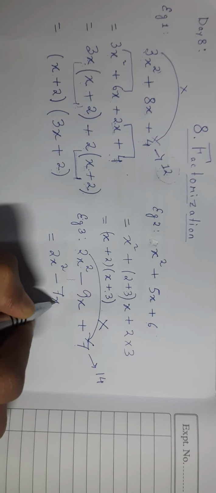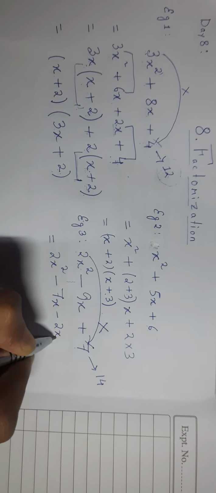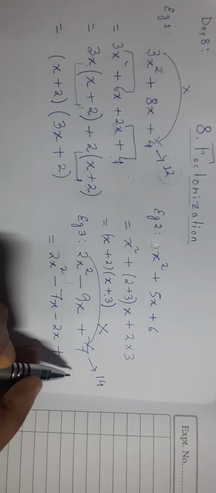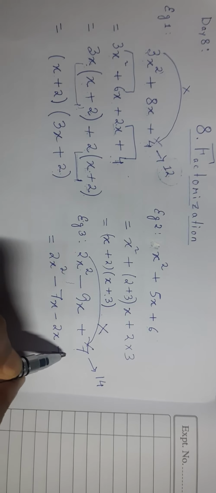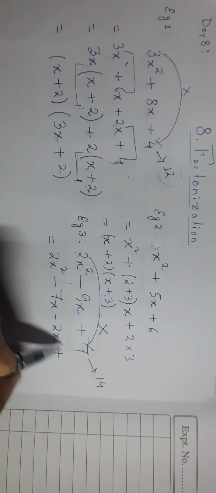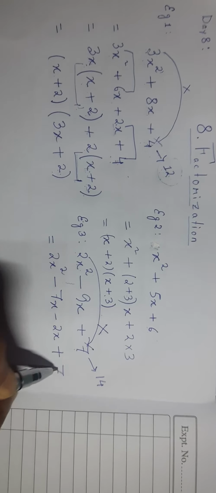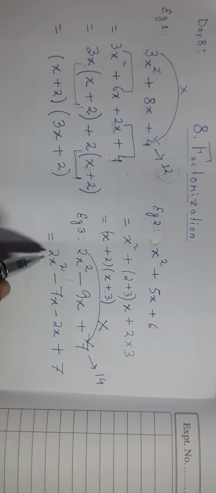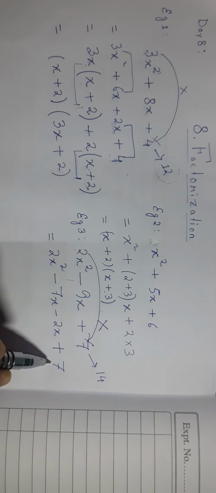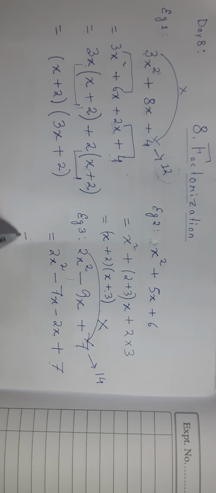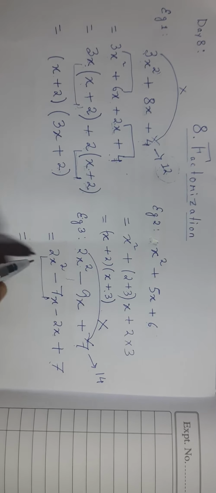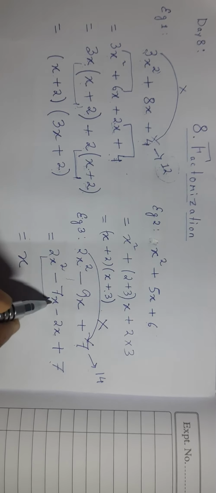So minus 7x minus 2x plus. Once again be careful while writing: when I write the plus term, I'll not write 14, I'll write this 7 only. Plus 7. So we have once again 4 terms. From the first two terms we find that x is common.